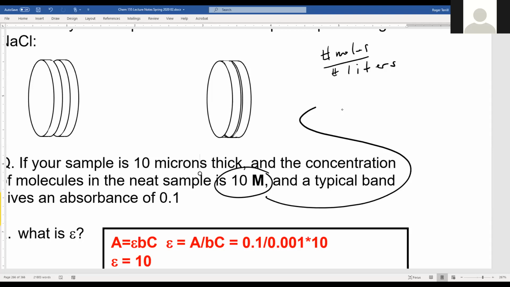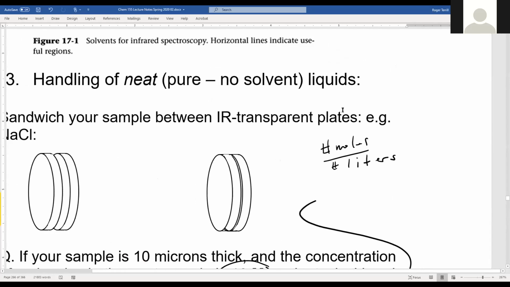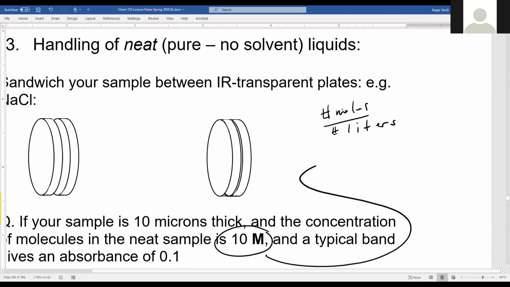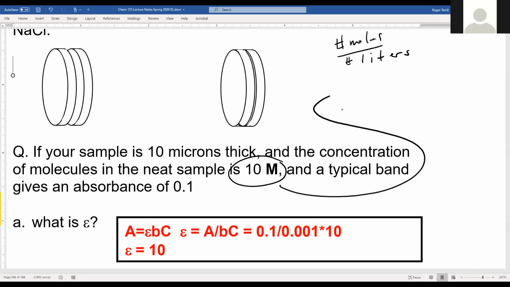So to get moles in the numerator here, we're going to have 1 over formula weight, in grams per mole.